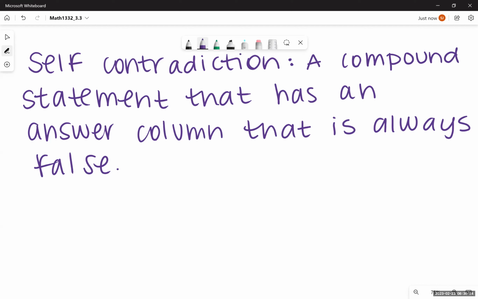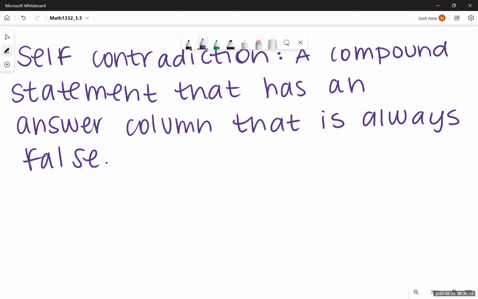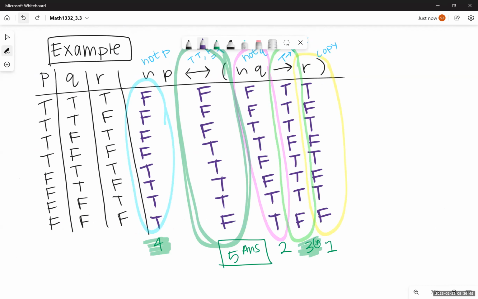Okay. So a compound statement that has an answer column that is always false. Do y'all understand what I'm saying? You do the work, and your very last answer column literally is just all F's. It literally is just always false. Okay, so look right here. Whenever we did this one, do you see the answer column?